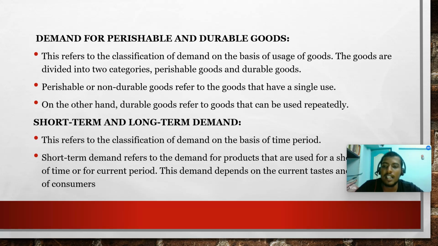On the other hand, durable goods can be used repeatedly. Short-term and long-term demand. This refers to the classification of demand on the basis of time period. Short-term demand refers to demand for products that are usable for a very short time, for the current period. This demand depends on the current tastes and fashions of consumers.